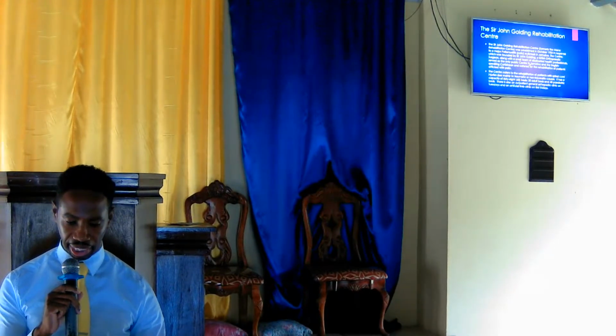At present, the Surgeon Golding Rehab is the only public facility in Jamaica and the Caribbean that offers rehabilitation. The center caters to rehab of patients with spinal cord injuries due mainly to traumatic or non-traumatic causes, and has a capacity of 68 beds, 28 adult and 40 pediatric beds, which are for kids.